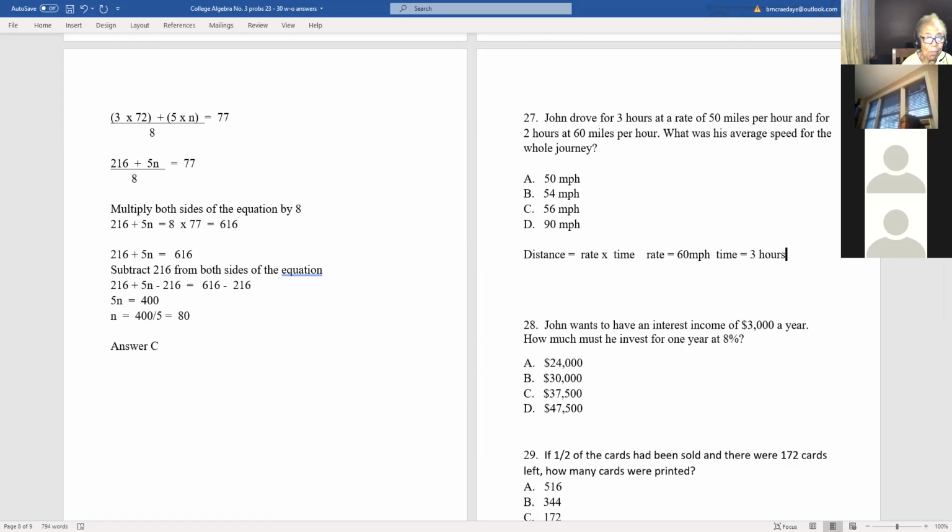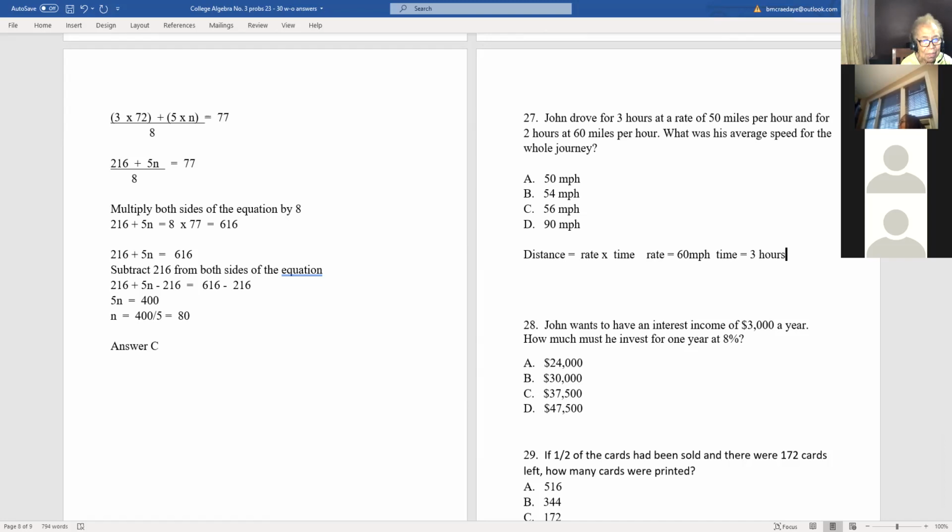So how far did I go if my rate was 60 miles an hour and my time is 3 hours? Jesse, how far did I travel? That's my distance. What is that value?